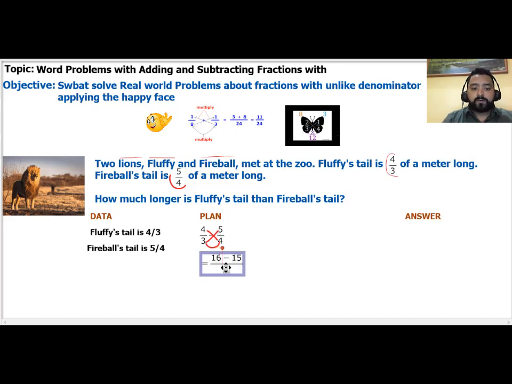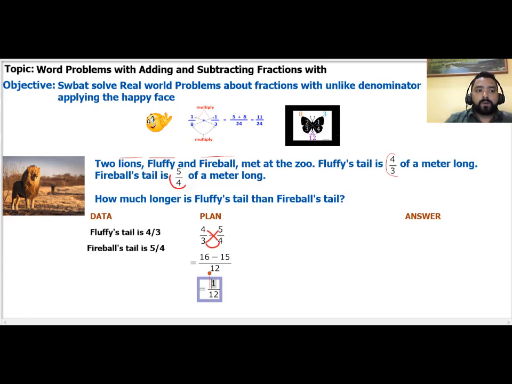And 3 times 4 is 12. Then you have 16 minus 15, which is 1, and we copy the number 12. Remember, cross multiplication and smile.